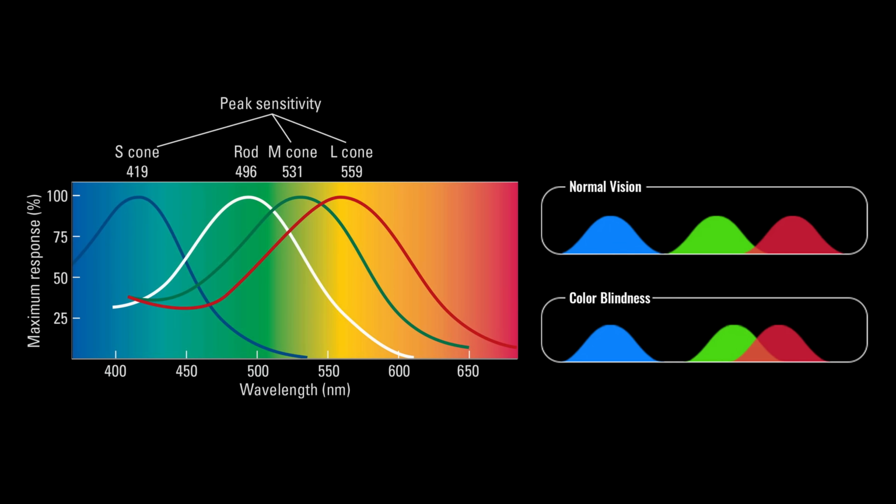females. Now, of extreme interest is the fact that females having two X chromosomes can actually, in rare cases, carry four types of cones. So they have basically four peaks in their color sensitivity, and that's called tetrachromacy.